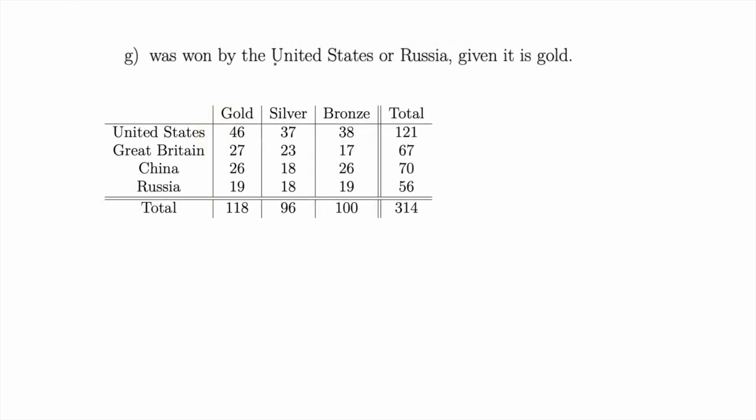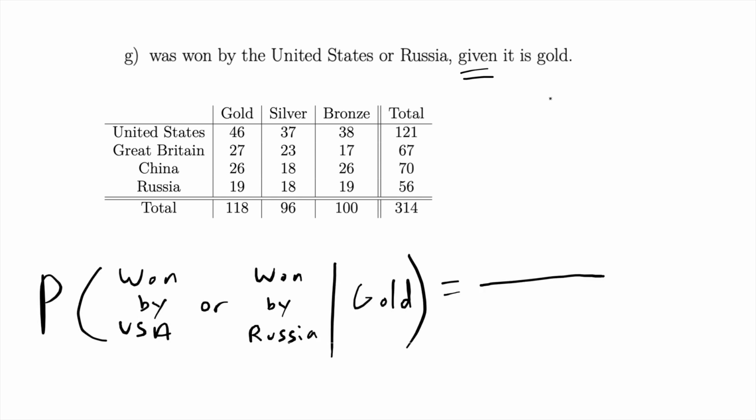In part G, we have our most complicated probability yet, which is still a conditional probability. We still want to know given that it's gold, but we want to know the probability that it was won by the United States or Russia. We're still given the same information. It's gold, so it's the same situation where the only column we need to look at is the gold medal column.